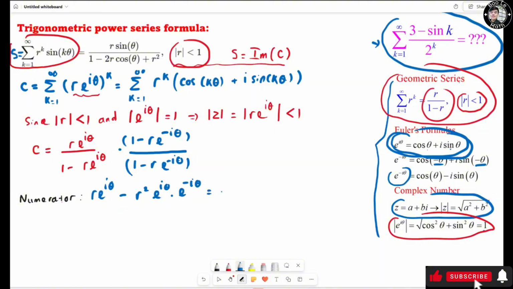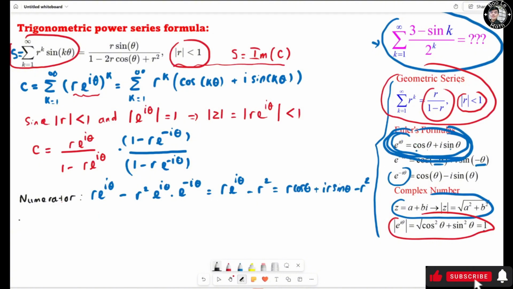So it could be r e to the i theta minus r squared; you add the exponents and it's 1. Now, e to the i theta equals this, so I just replace it.